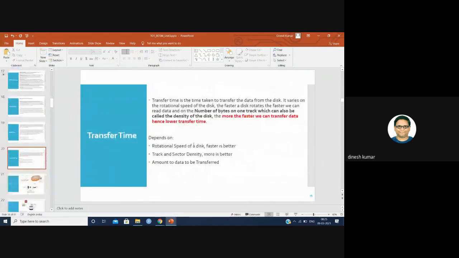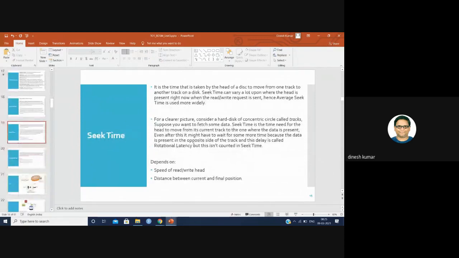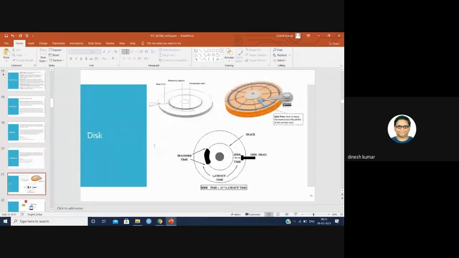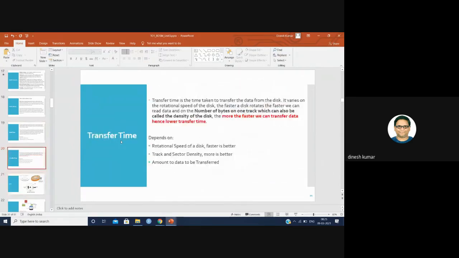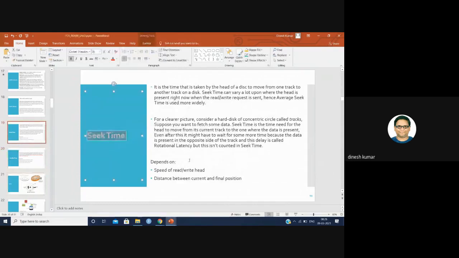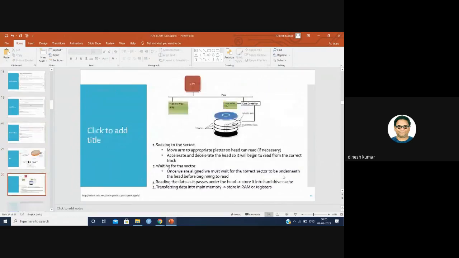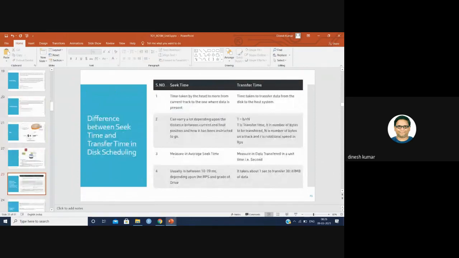And what are the specifications or the parameters which are related to the storage device, like transfer time and seek time. So these things we have discussed, and we have seen some more things about storage devices like disk. Difference between seek time and transfer time, we can compare.